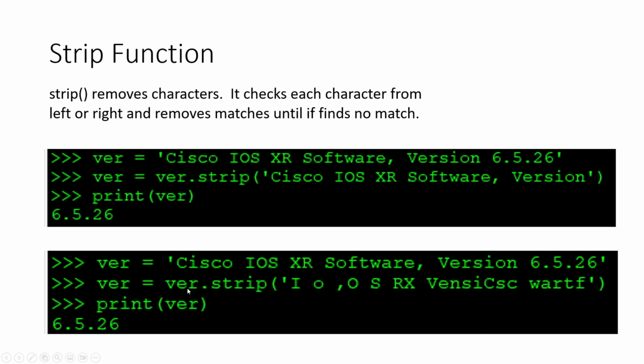Actually, in this example, it's checking from both sides, and it's looking for a capital C. If it finds a capital C, it removes it. It's going to continue all the way down until it gets to a character that's not found within the function argument. In this example, 6, and the 6 over here is not found anywhere within my function argument, so those characters remain in place.